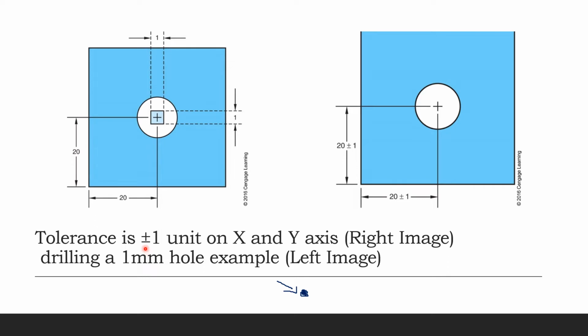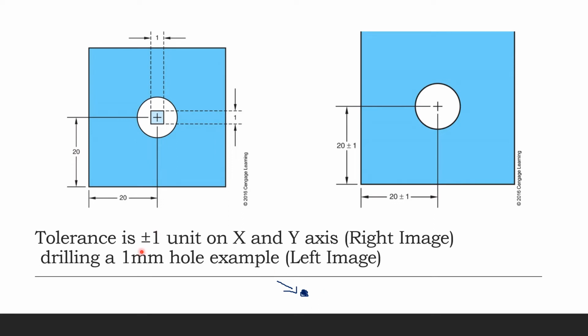This minus means going smaller, and that plus means going bigger. So you have the original 1 millimeter hole, and you can go plus 1 millimeter, and in the other direction minus 1 millimeter.